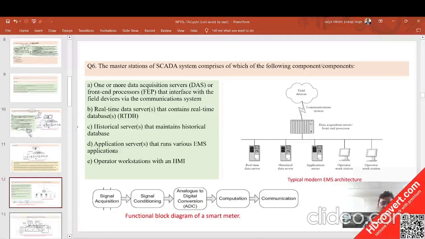This is a question related to the master stations of the SCADA system. I will explain what a master station is. Initially, you should go through these statements and decide which is correct and which is false. SCADA is the supervisory control for remote location control, where you have communication with the field devices. Try to read these statements and find out which is correct and which is false.